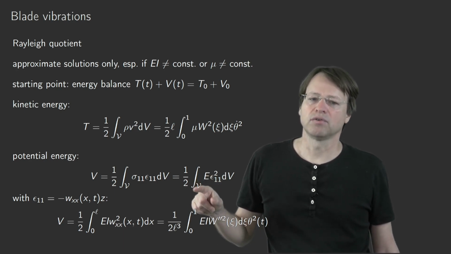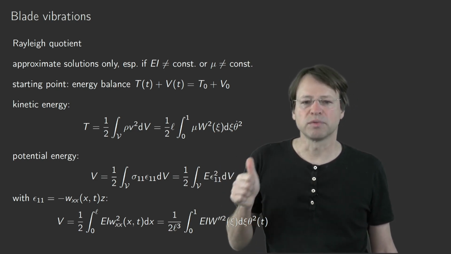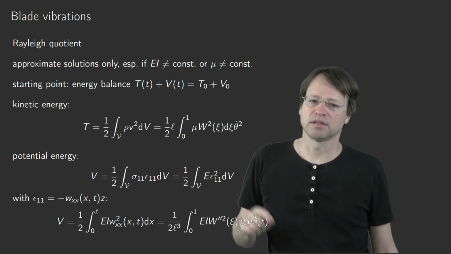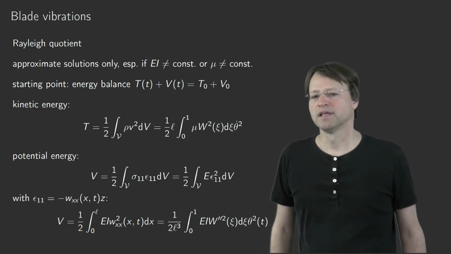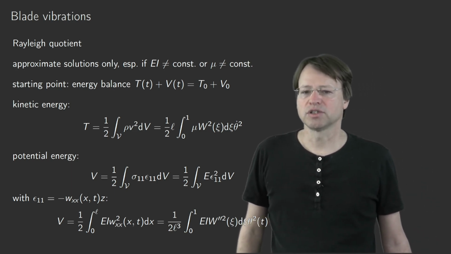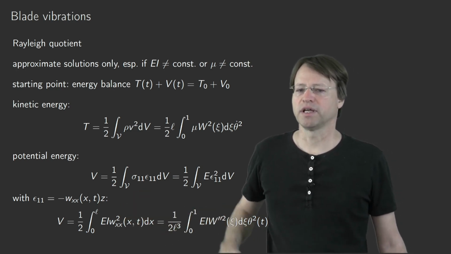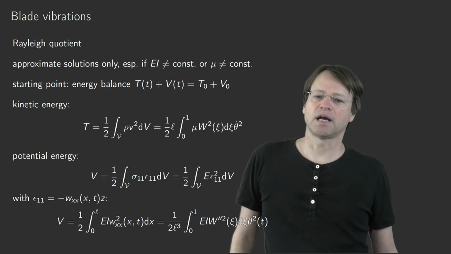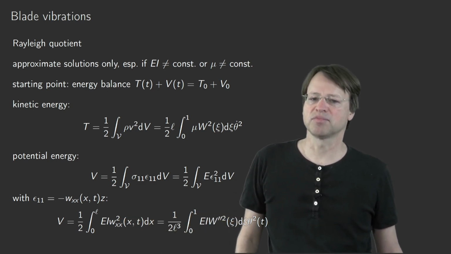You take the integral over the area, so of the two other coordinates, y and z, and as you integrate z squared dz, you have to introduce the second moment of area. So when you integrate with respect to x from 0 to L, you introduce the second moment of area I here, so we recover the bending stiffness E times I.